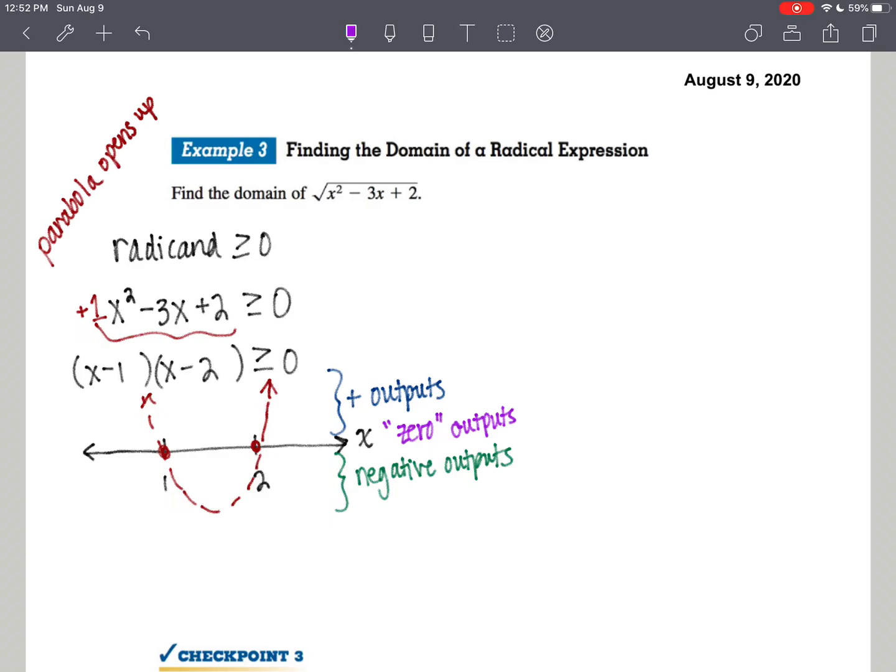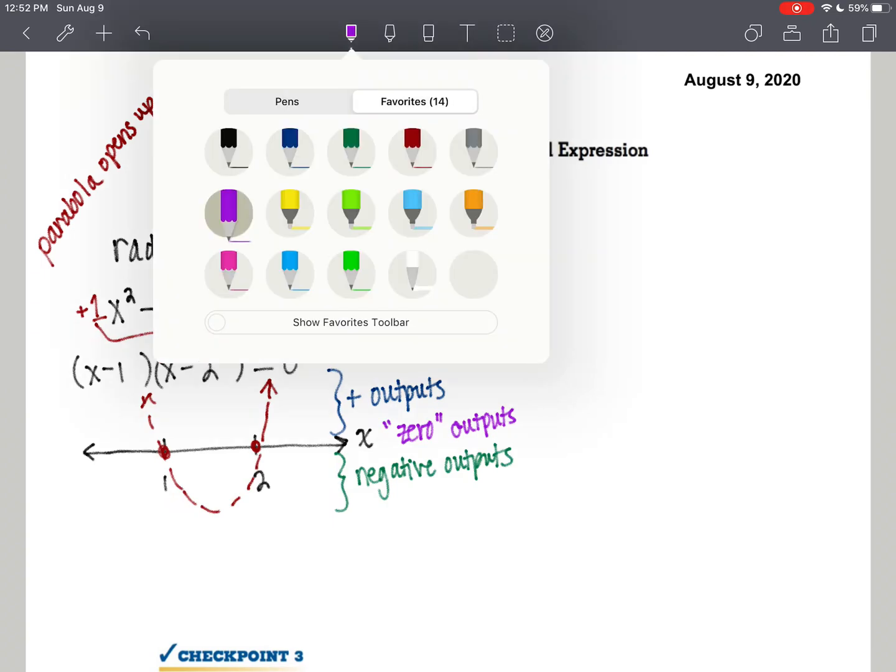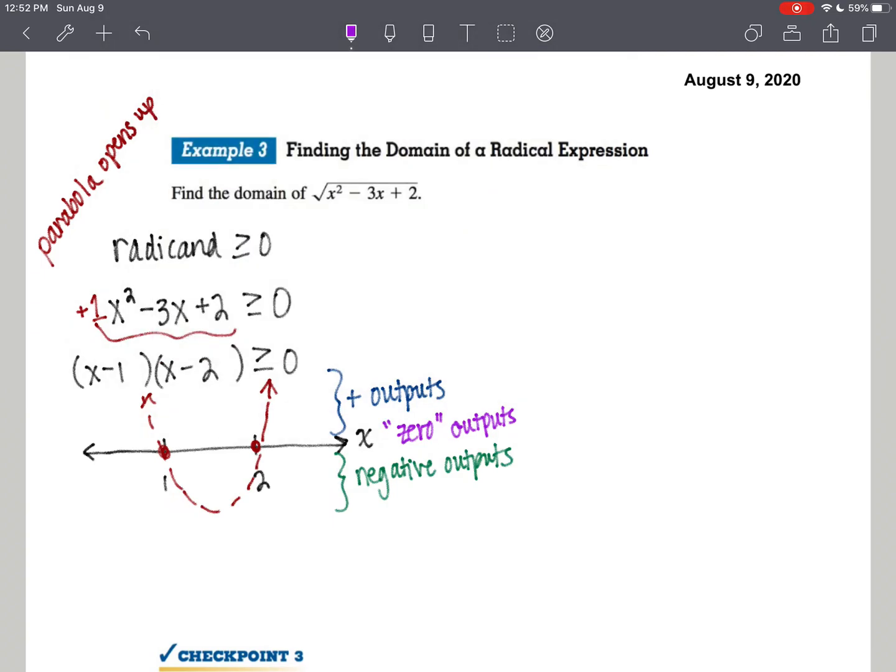Not 0 outputs, but outputs of the value 0. So we want to be equal to 0, which means, let me use a highlighter here, these values will give me 0. So that's my equal to part. That's wonderful. Equals 0.